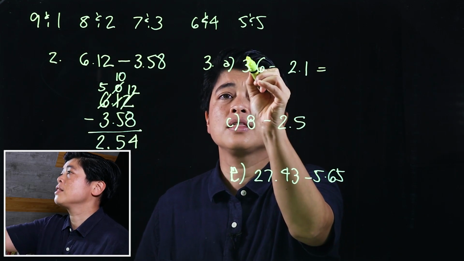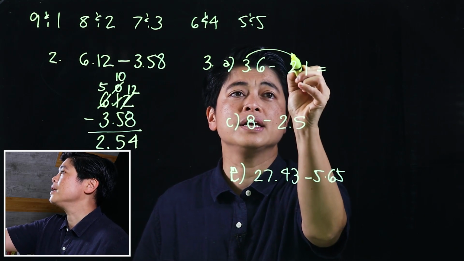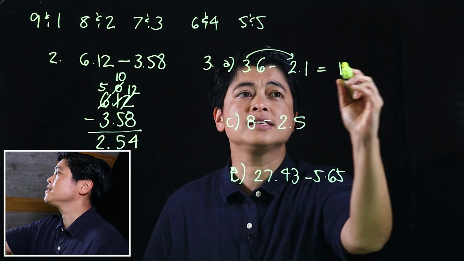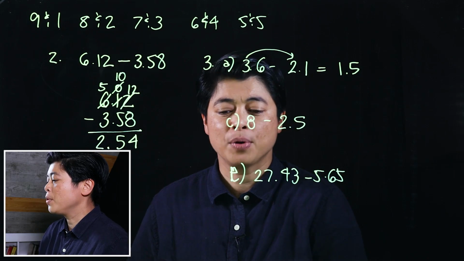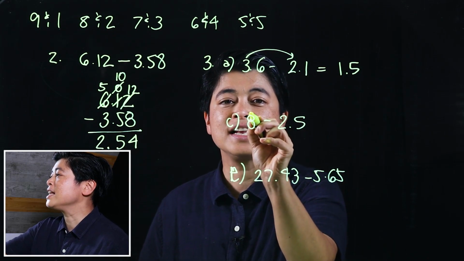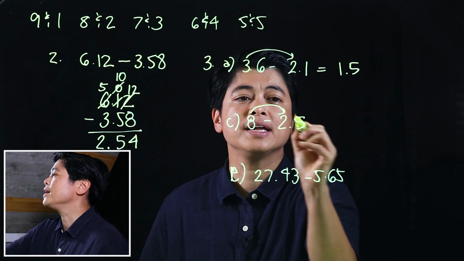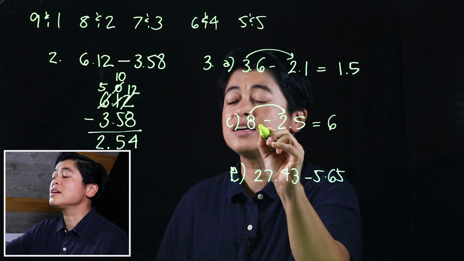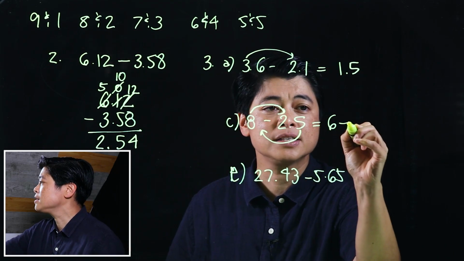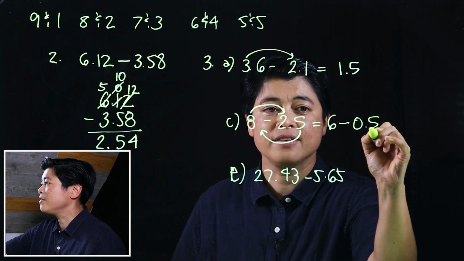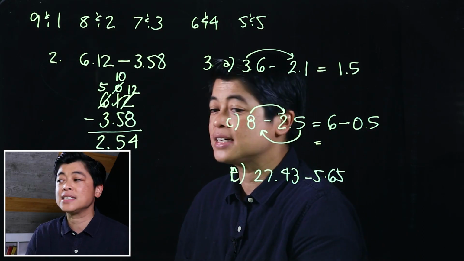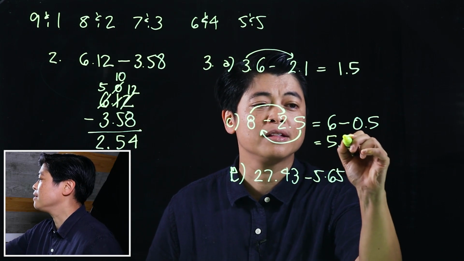So I know that 3 minus 2 is 1. And I know that 6 minus 1 is 5. So that's 1.5. Okay, here, if we do this, this is technically 8 minus 2 is 6. However, there's nothing here, so that means the 5 is bigger, so we go this way, minus 0.5. So which means when we take 0.5 away from 6, that gives us 5.5.